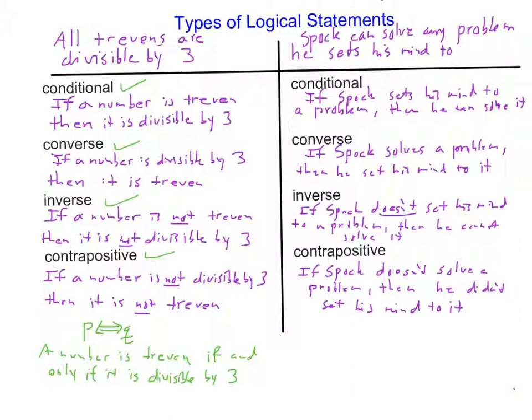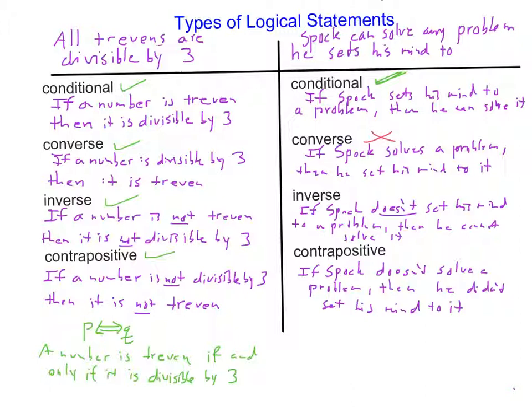So let's look through which one of these are true. Accepting the premise here, Spock can solve any problem he sets his mind to. The conditional, if Spock sets his mind to a problem, then he can solve it, is certainly true. The converse, however, if Spock solves a problem, then he set his mind to it, doesn't need to be true. Maybe it's so trivial that he doesn't need to set his mind to it and he can just do it.